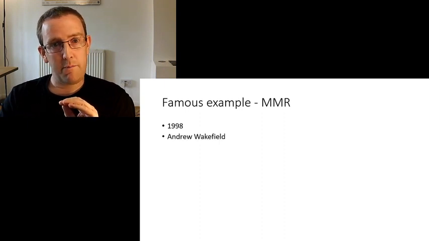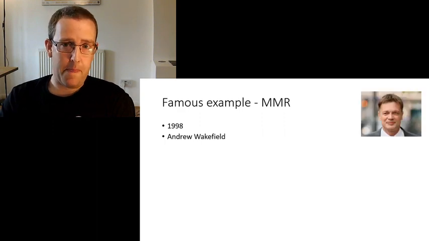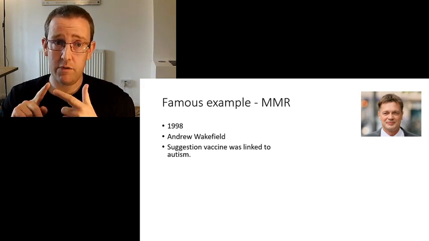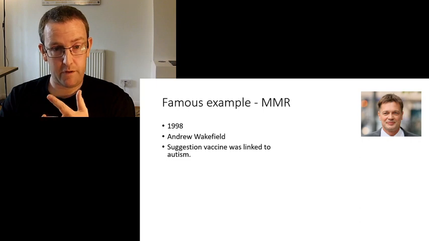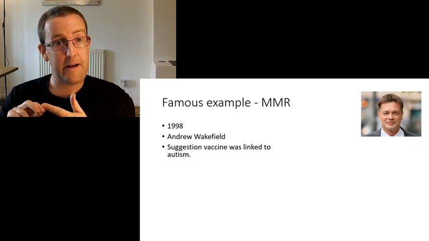This man called Dr. Andrew Wakefield, at the time, published a paper, there he is, which suggested that the MMR, a triple vaccine which vaccinates against measles, mumps, and rubella, which is German measles, could be linked to autism.